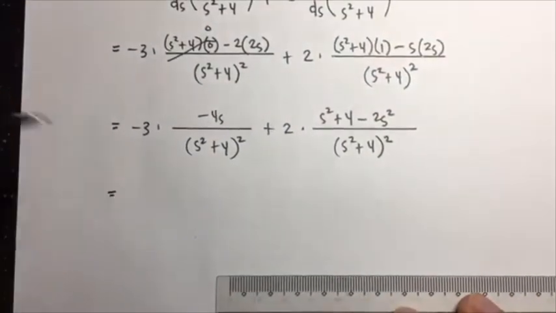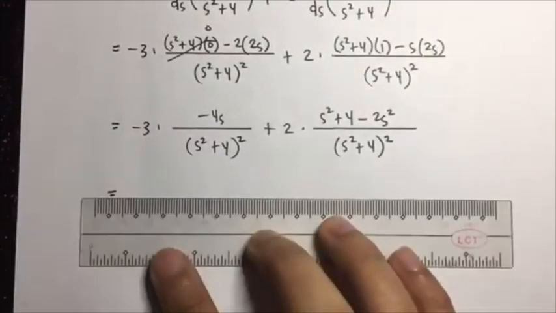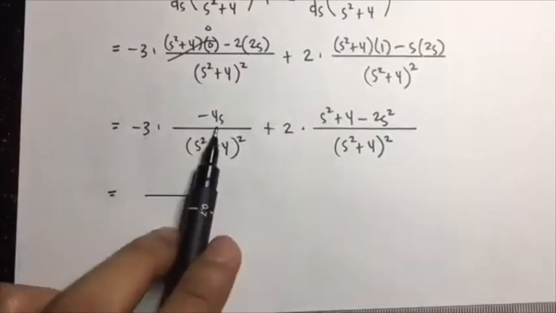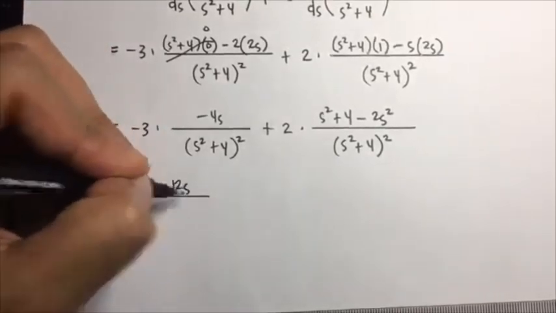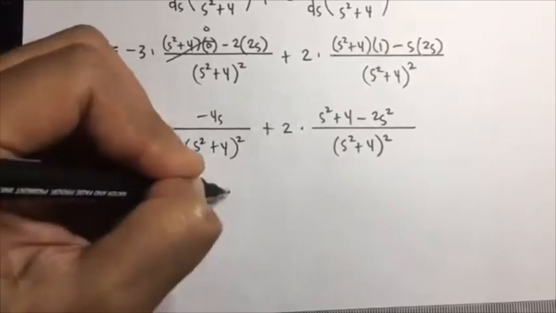Okay, so we can multiply the constants so that we can add them later. So we have negative 3 times negative 4, so that is positive 12s over s squared plus 4 squared.